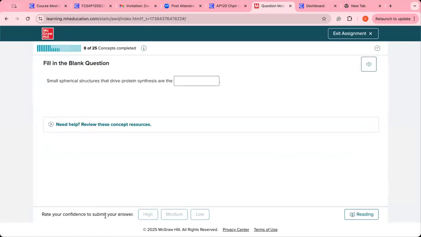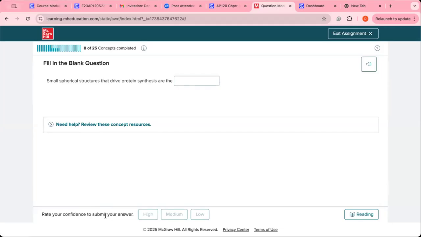Small spherical structures that, okay, do you remember the structures that drive protein synthesis? Would it be cytoplasm? It's in the cytoplasm, but what is the structure called?